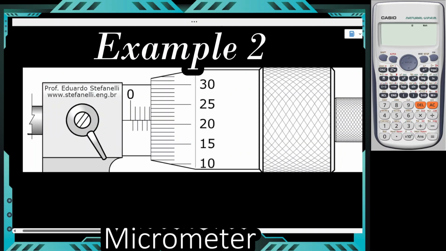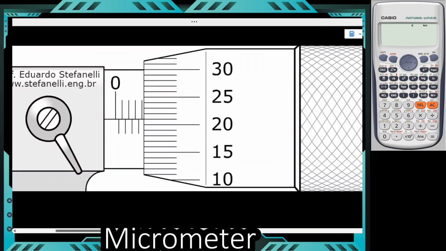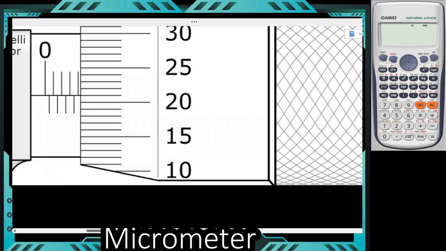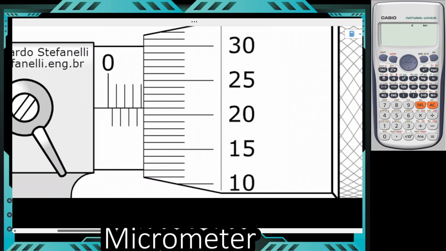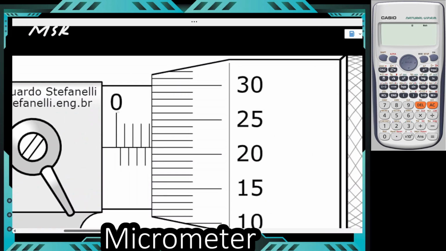So here we have the second one. Once again, the question is, what's the reading shown on the micrometer? We need to check the main scale, and to make it easier, I'm going to zoom it in over here so we can clearly see the main scale. If I mark the lines, this is 0, and then 0.5, 1, 1.5, 2, 2.5, 3, 3.5, 4.